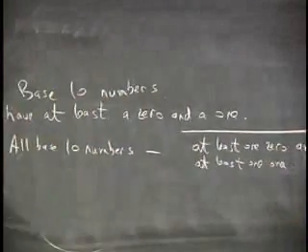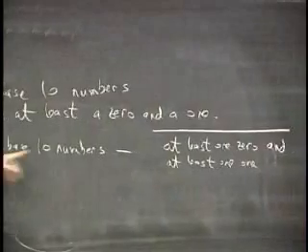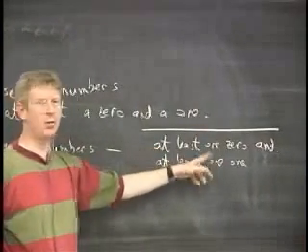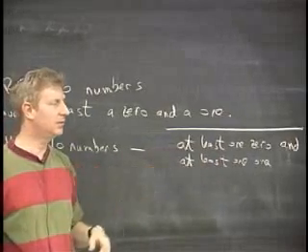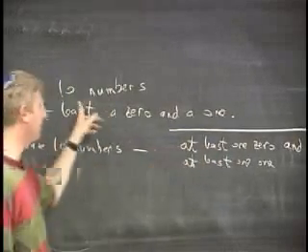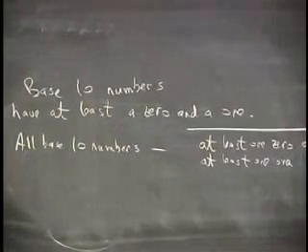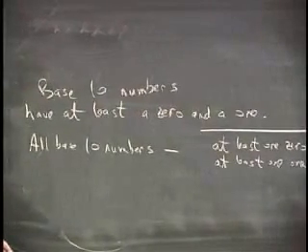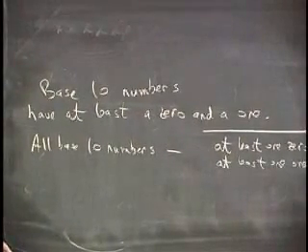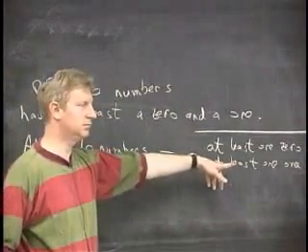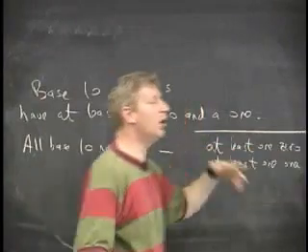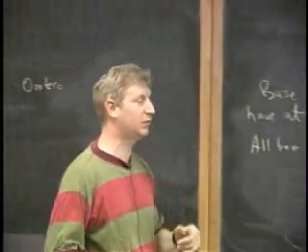I'm going to take all base 10 numbers minus those that are not the ones that have at least one 0 and at least one 1. That's the same as this? Minus the complement. The line on top is the complement. Well, if you can describe to me the complement of these, then I could have written that down.